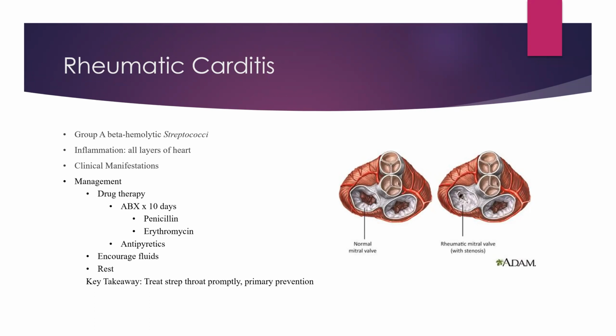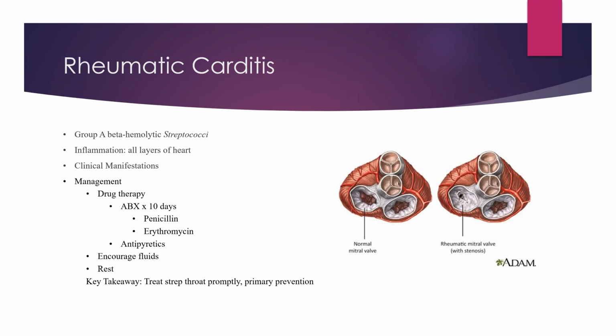Anti-inflammatory medications, like we talked about for the other disease processes, like NSAIDs, are helpful. And if it is a pericardial inflammation, they can get colchicine too. Sometimes heart failure medications, depending on what their symptoms are, after they have the rheumatic carditis. So we tailor the management plan to this patient. If they're having heart failure, we'll treat the heart failure.